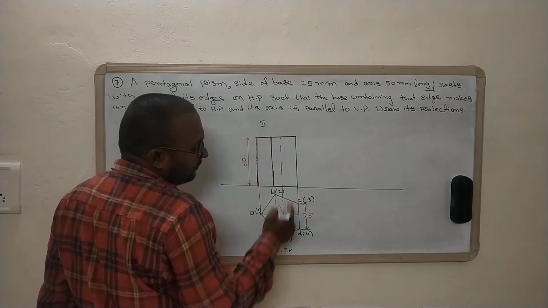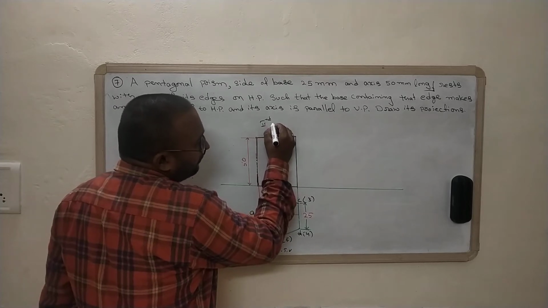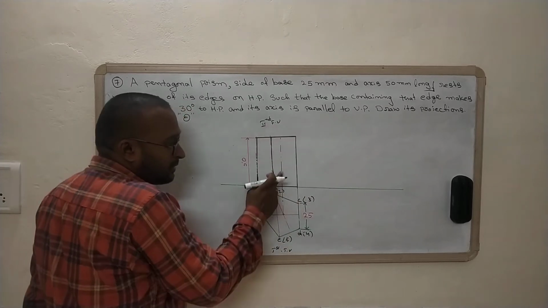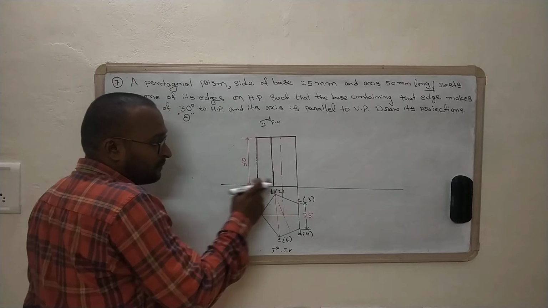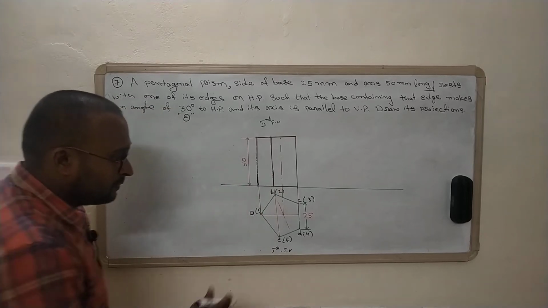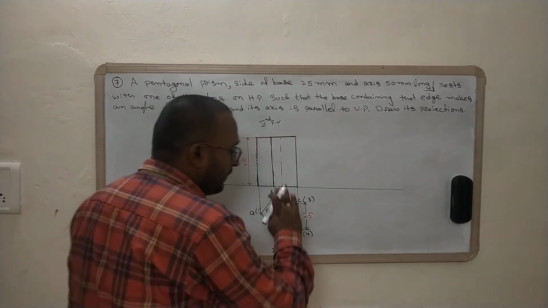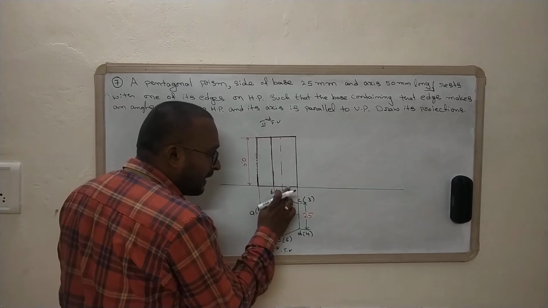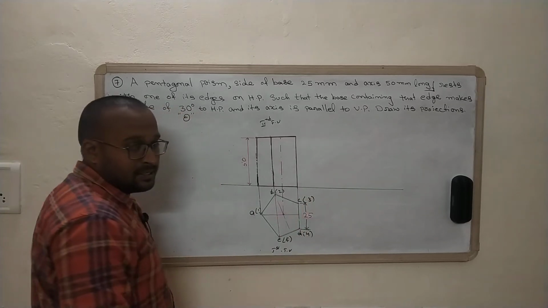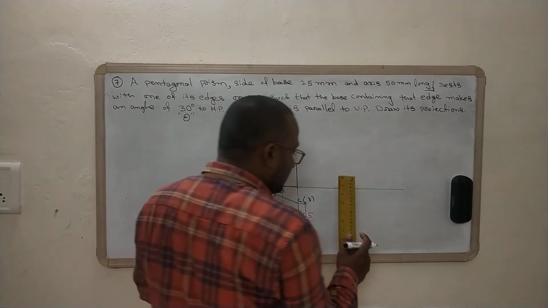Second, we must go with the front view, because we don't know the exact length of this one, right? Here it is the top view, and then we need to rotate that particular base about an angle of 30 degrees, exactly 30 degrees.